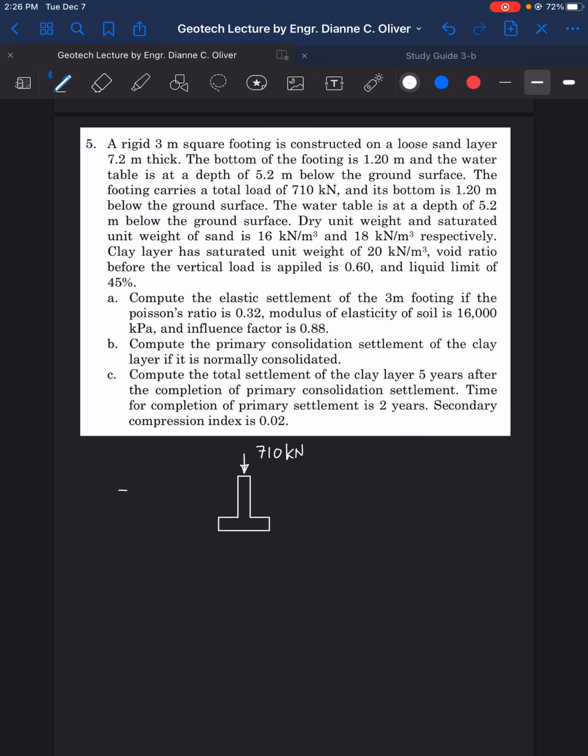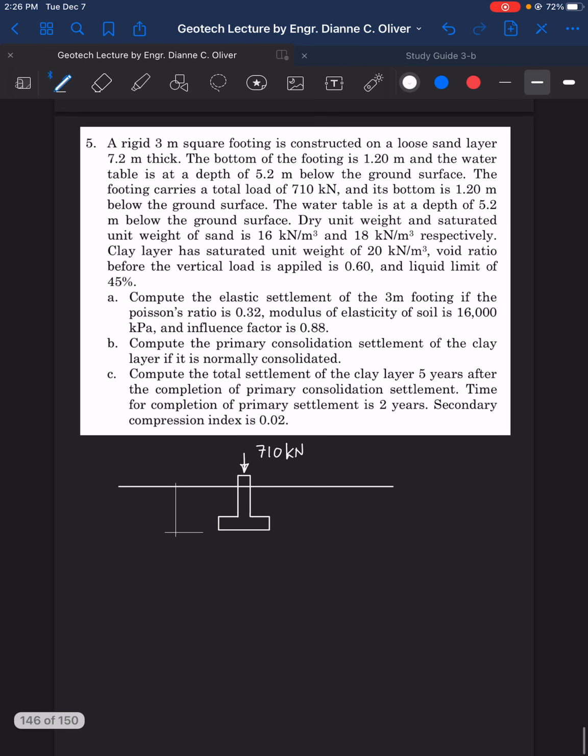Although it did not mention the reference point, it's obvious that it's from the ground surface. So let's put it here, 1.2 meters.